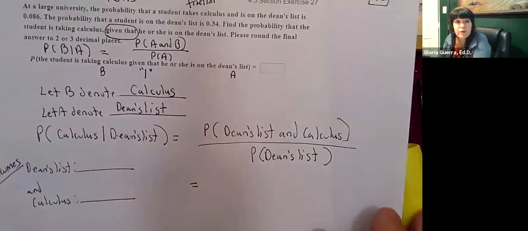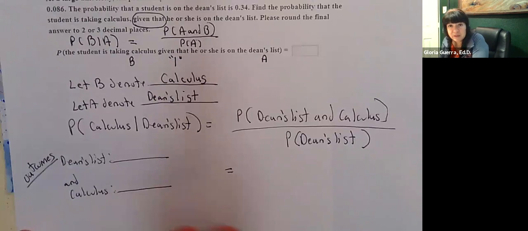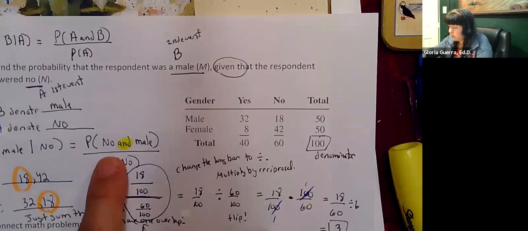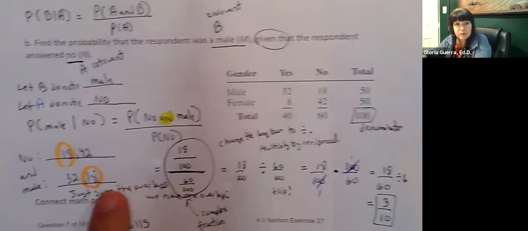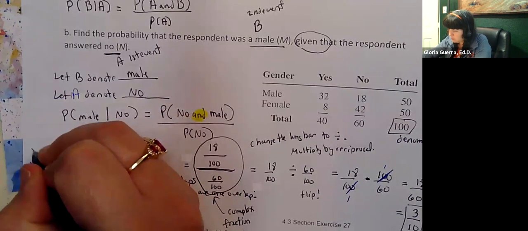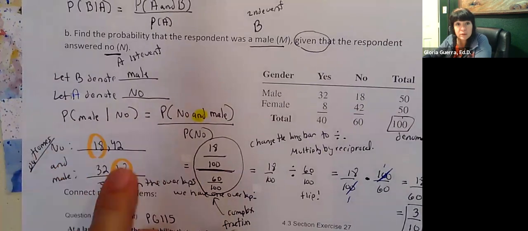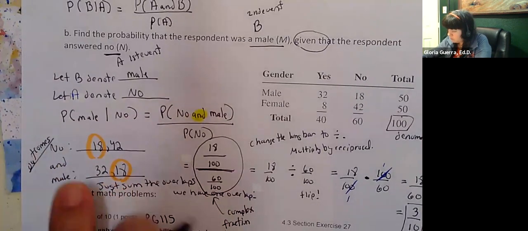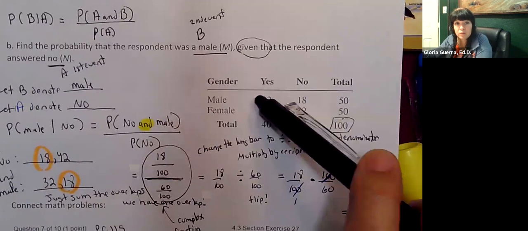These are for your outcomes, the Dean's List outcomes, the calculus outcomes. And that's if you had a table. Like over here in this previous problem, probability of them voting no and being male, you had a table. And so I was able to get the outcomes. These were the outcomes for the no and the male from our table, right? So the no and then the male from our table.